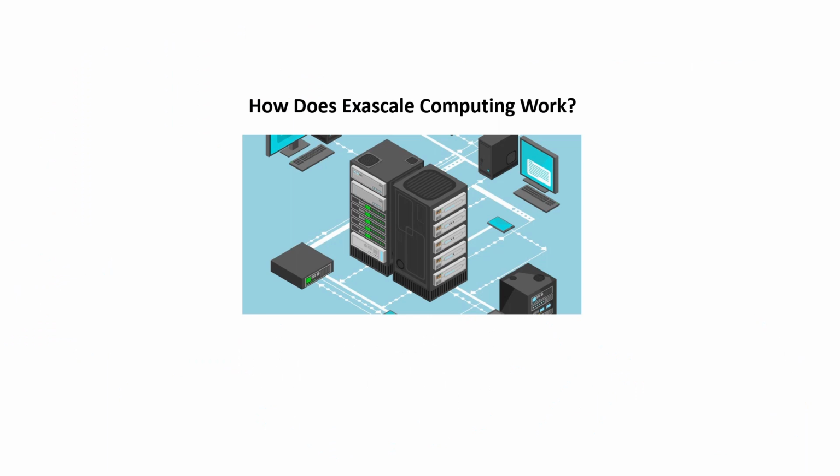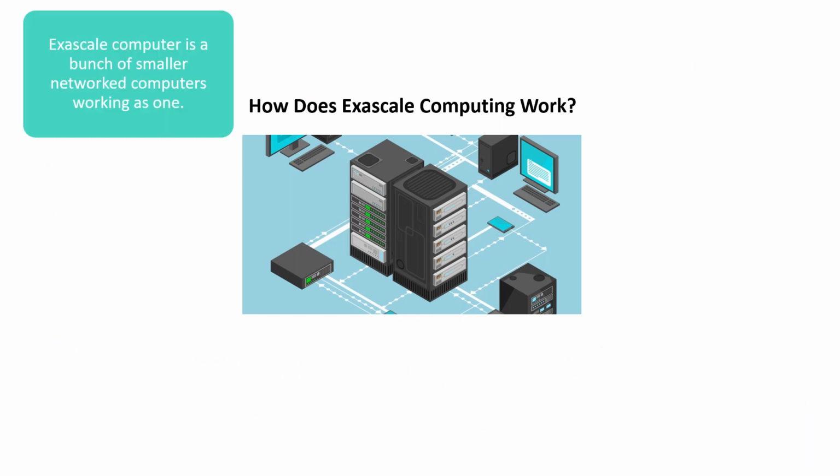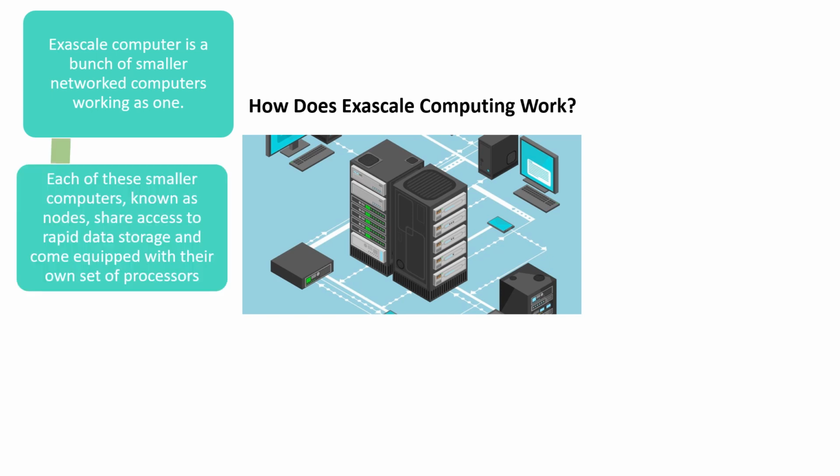Now let's see how exascale computing works. As we already said, it works on the parallel processing method, but let's see it in detail. An exascale computer is a bunch of smaller networked computers working as one, and each of these smaller computers, known as a node, shares access to rapid data storage and comes equipped with its own set of processors.